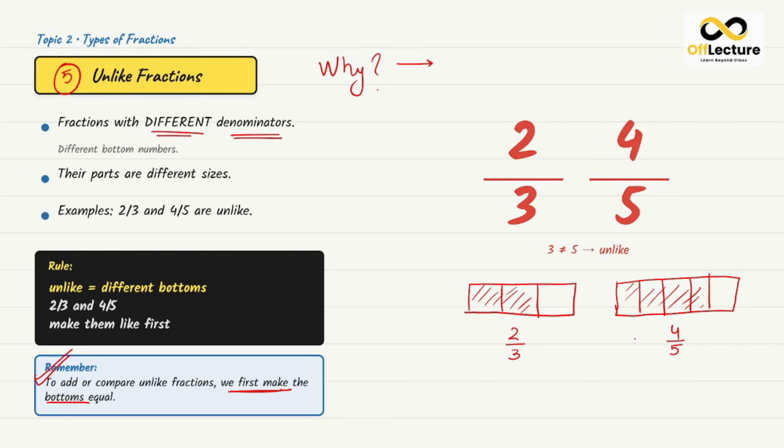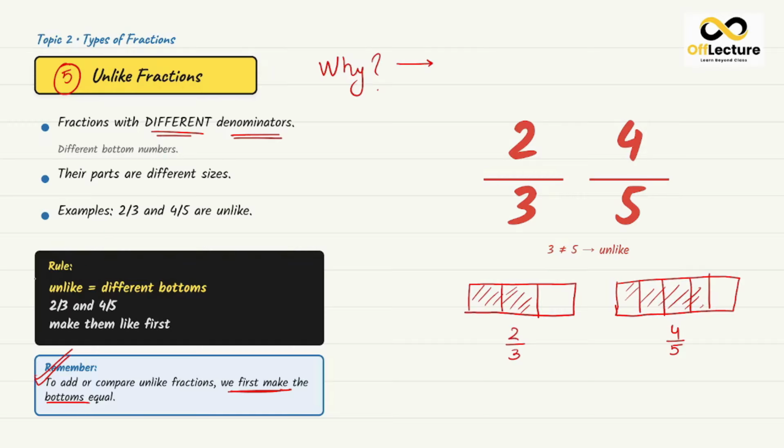Since their pieces are of different sizes, like thirds and fifths, it is difficult to add and compare them directly, and if you do that it will be wrong. So we first have to change both into same-size pieces. You can compare only when they have same-size pieces, or the denominators are the same.